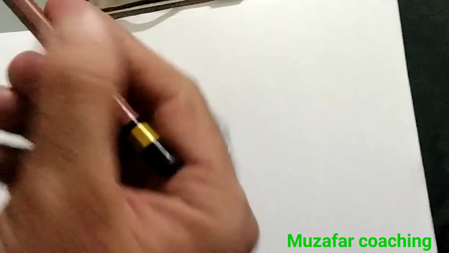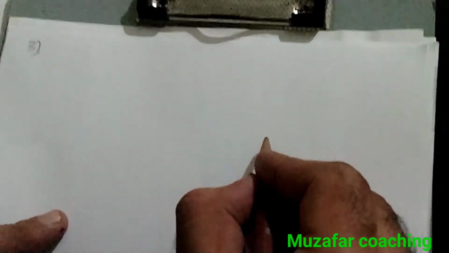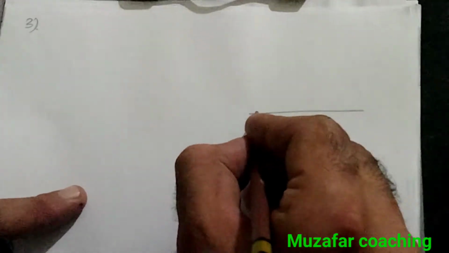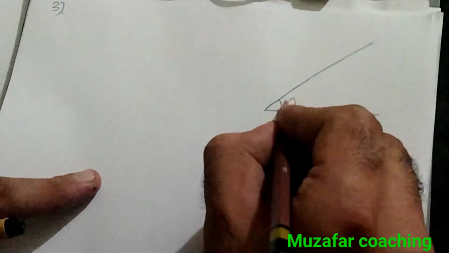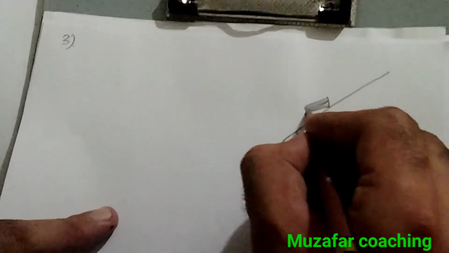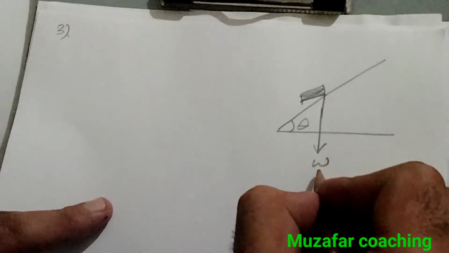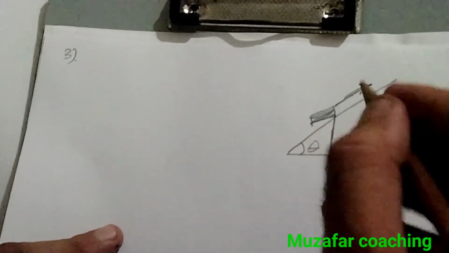Now we will make the data. Before making data, we have to know the diagram very well. So this is the third numerical. An inclined plane is drawn like this. It is subtended to the ground, making theta with the ground, and here we are lifting some load. W is always acting downwards, and we are taking the load upwards.